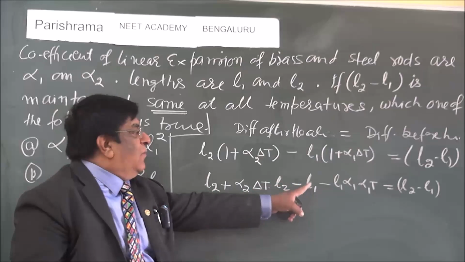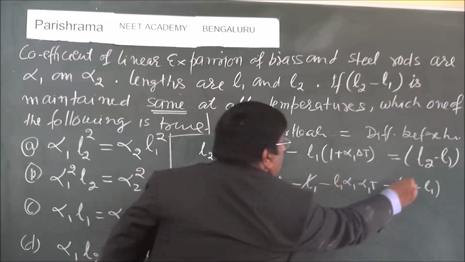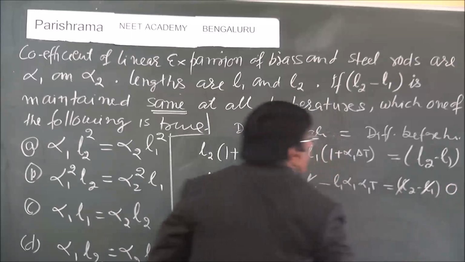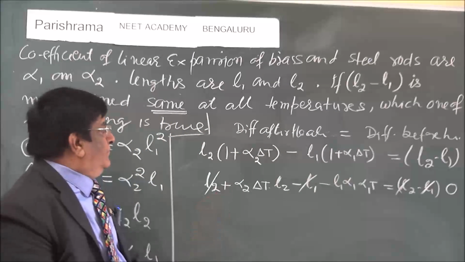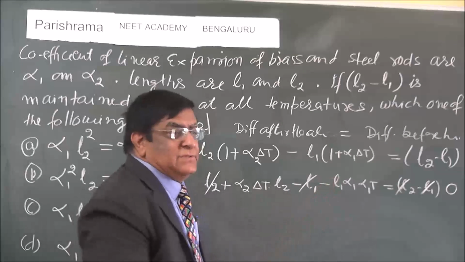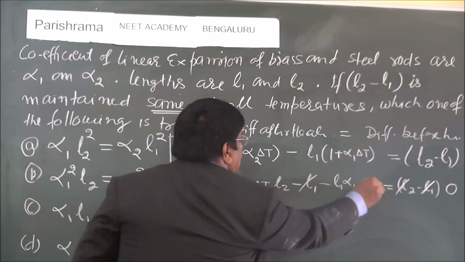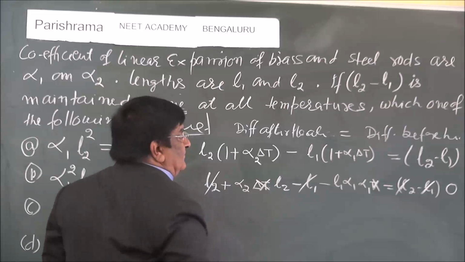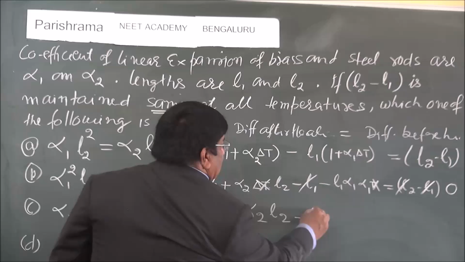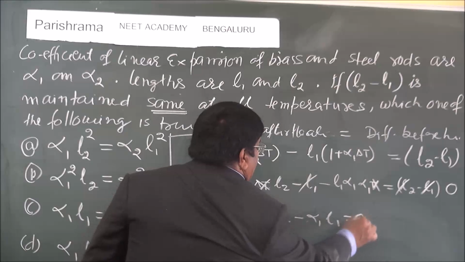L2 minus L1, L2 minus L1, cancel. What do we get here? Now, how many terms? There are only 2 terms. Delta T take common, that is also cancelled. Delta T, delta T. Alpha 2 L2 minus alpha 1 L1 is equal to 0.